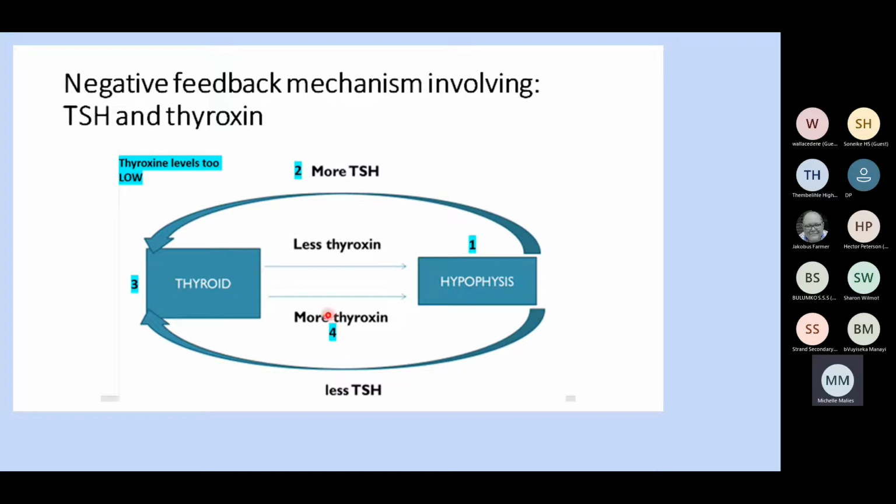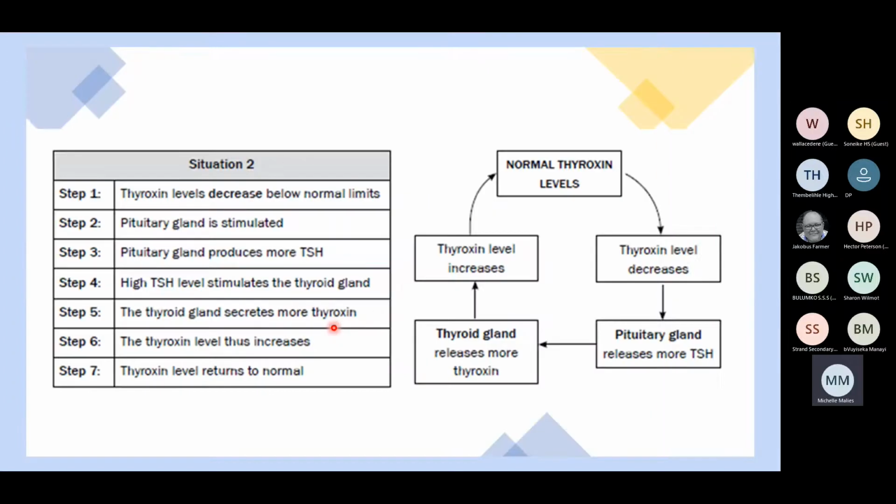Number 4, the thyroid gland will secrete more thyroxine, increasing the levels to go back to normal. And again, grade 12s, this is in your mind a recap showing another type of flow diagram. It's exactly the same as the table that you have received, but it's in steps.